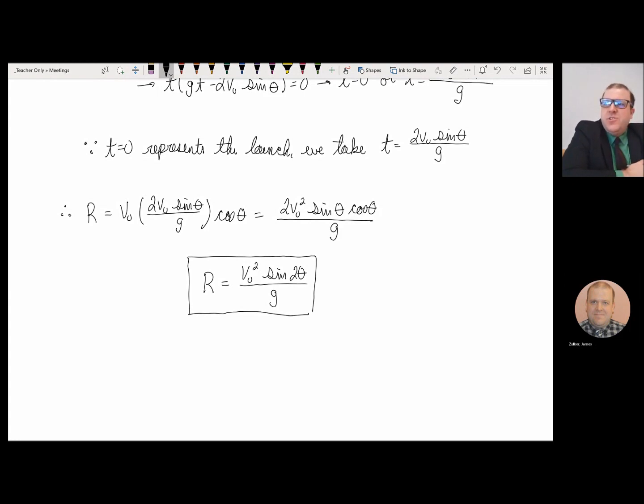That is the formula for range. Again, there has to be a slight adjustment if the launch point is not ground level.